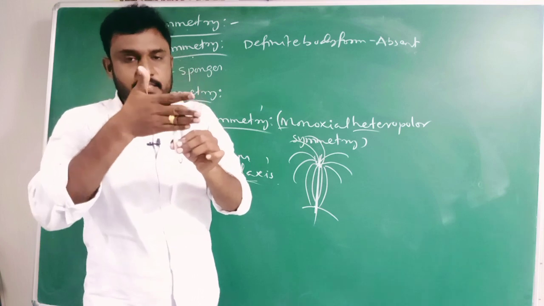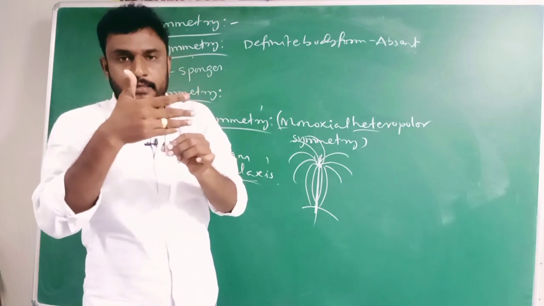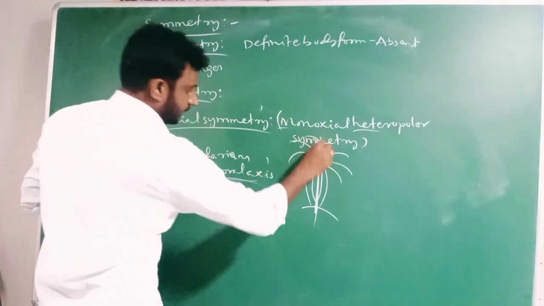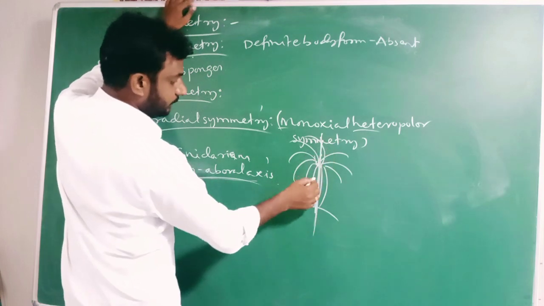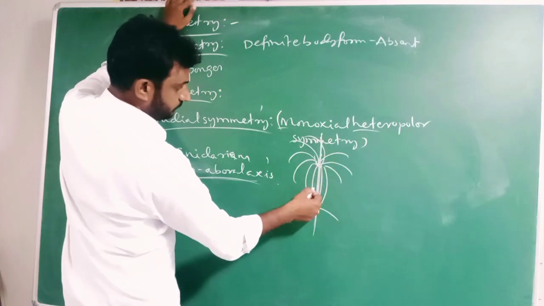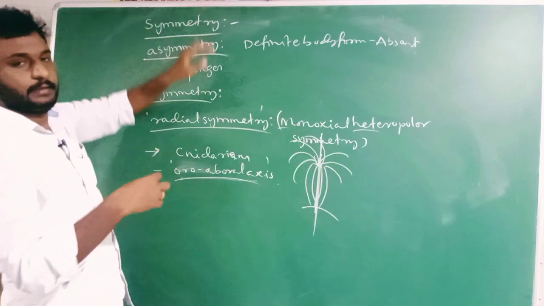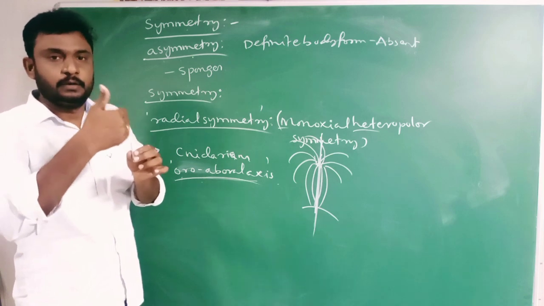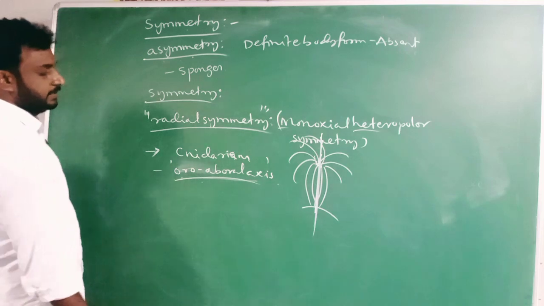Any plane which is passing through the central axis of the hydra can cut the hydra into two identical parts. If we cut the hydra in this direction, it can be cut into two identical halves. In this direction, it can also be cut into two identical halves. This is called radial symmetry.